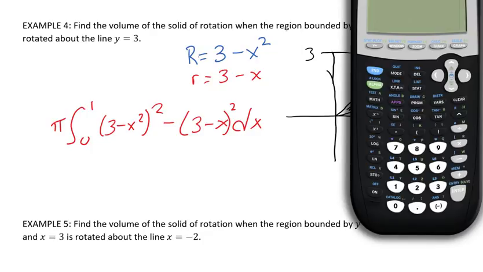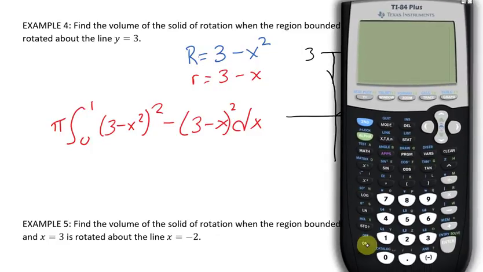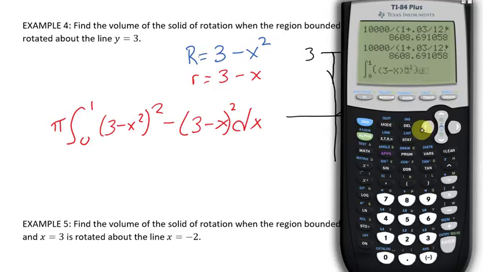And we can throw that in our calculator. So math 9, the integral from 0 to 1, and we'll multiply by pi when we're done, of 3 minus x squared, quantity squared, minus 3 minus x, quantity squared, dx, and we're going to multiply that times pi because we forgot to put it in front of the integral.